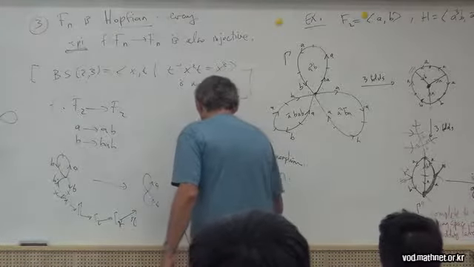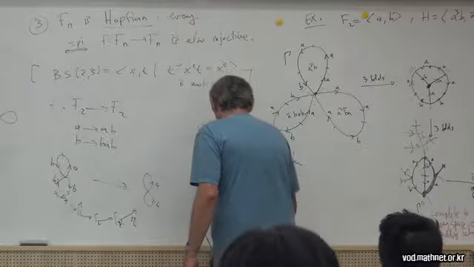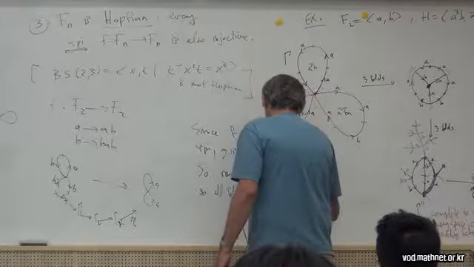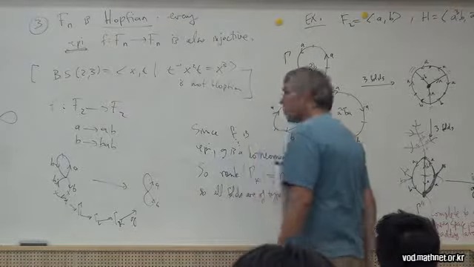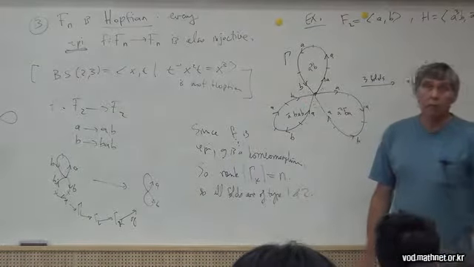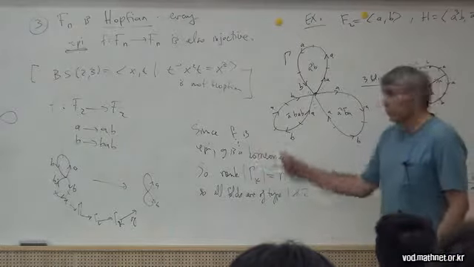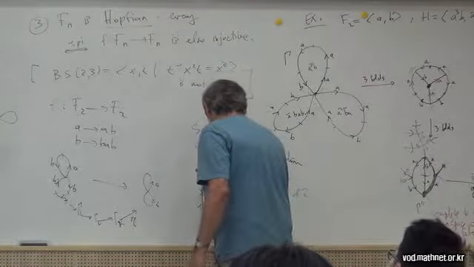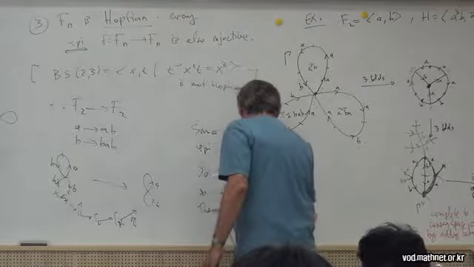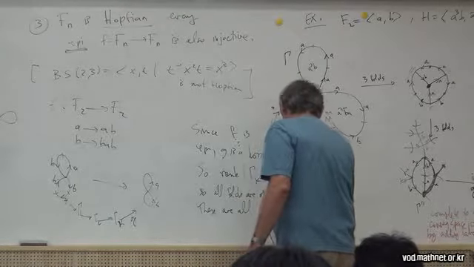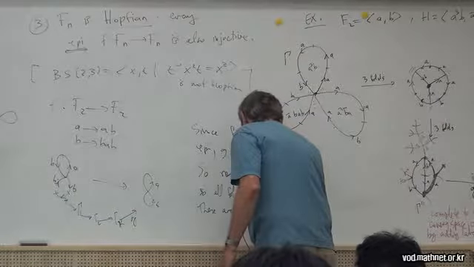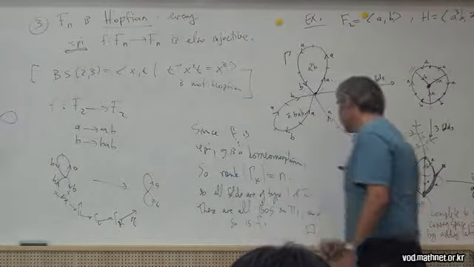So all folds are of type 1 and 2. But those are all isomorphisms in pi 1. So that means that the original map is also an isomorphism in pi 1. And so is that. Okay, that's the end of the proof.